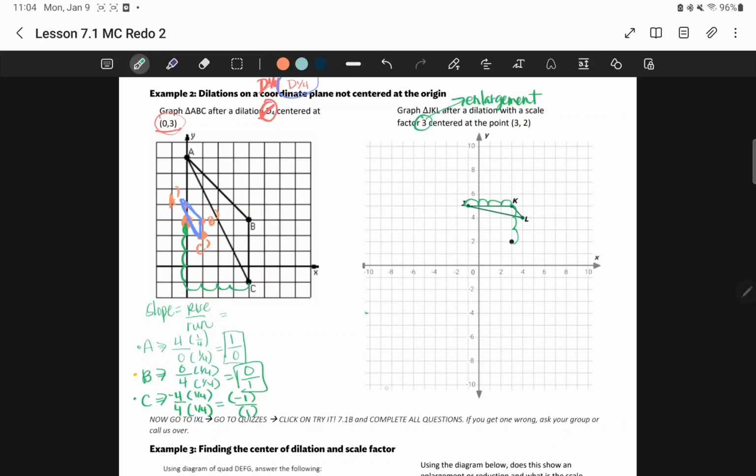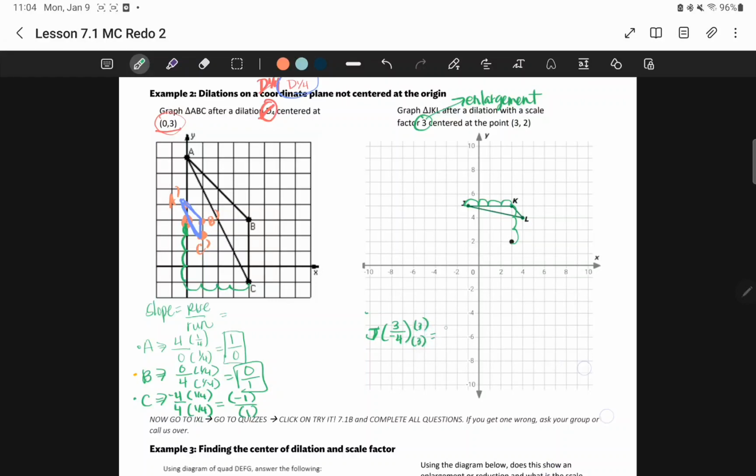So for J, we rose up 3, and then we went backwards 4. Then we multiply the top and the bottom by the scale factor 3.